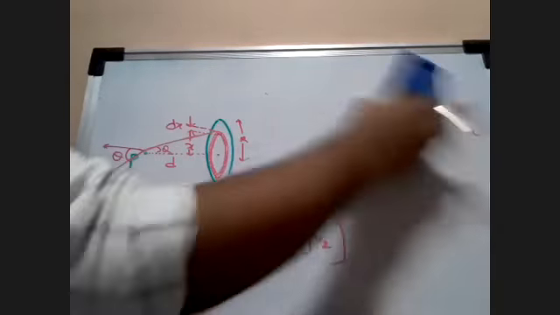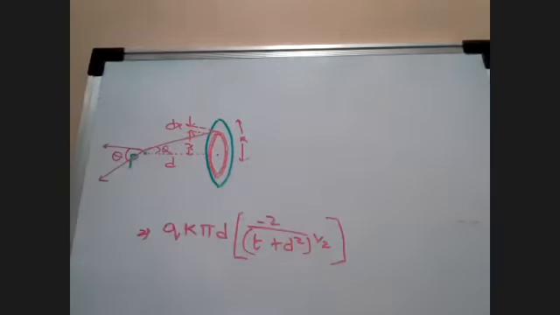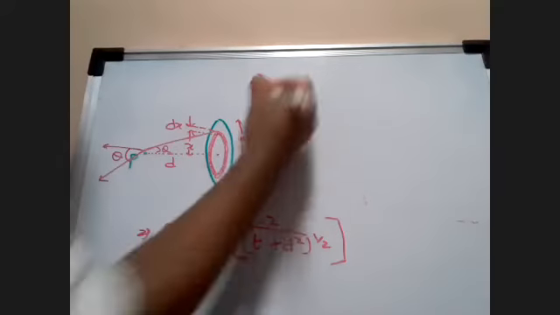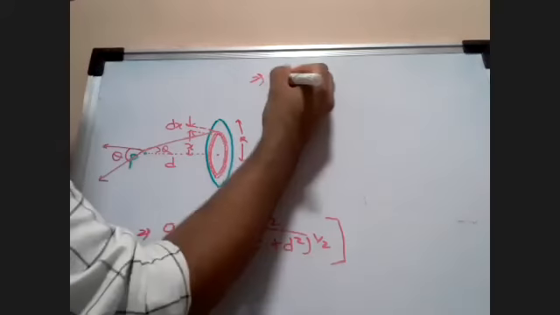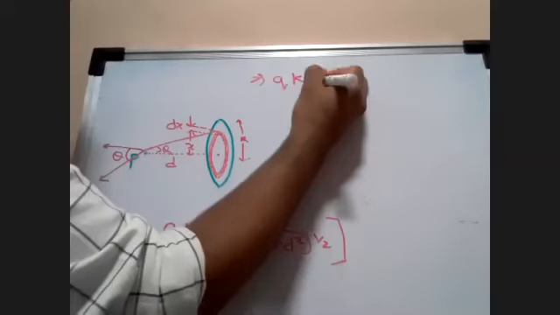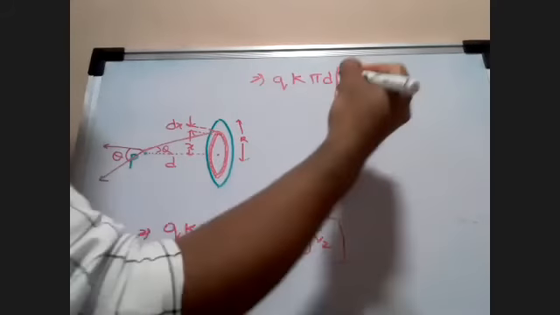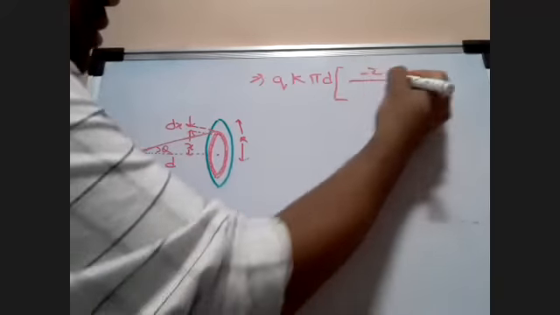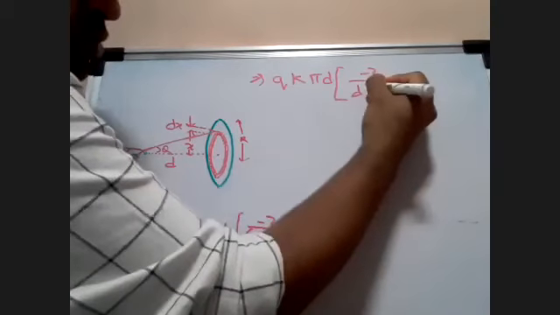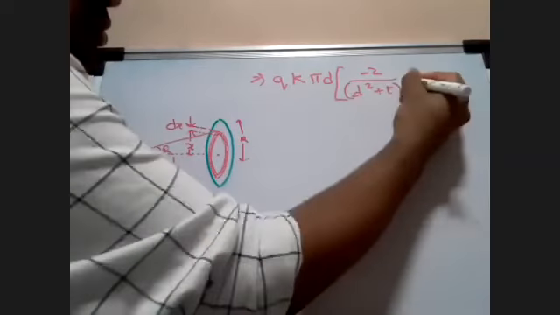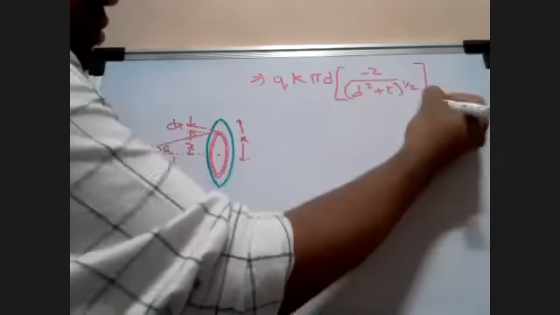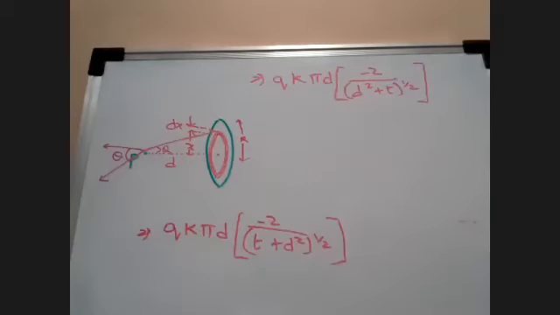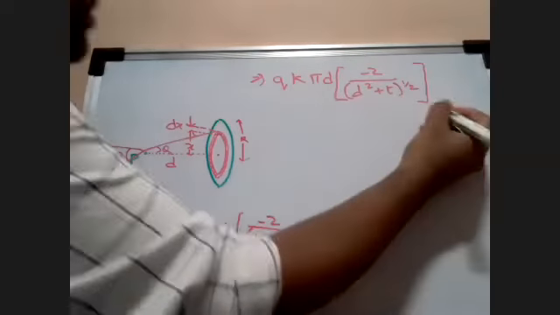Quick, what are going to be the limits? 0 to r. Why?